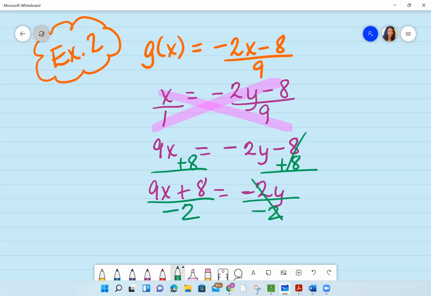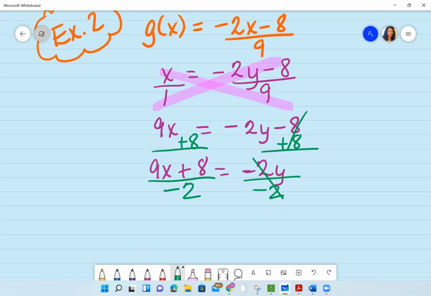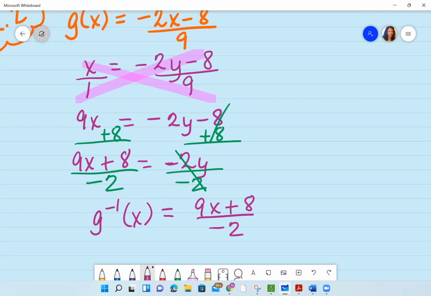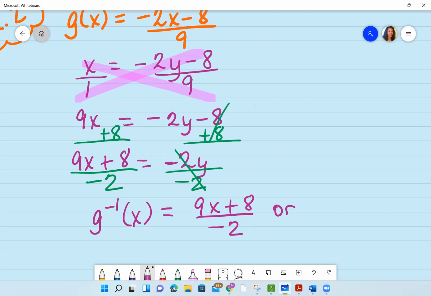And I am going to rewrite this time as g inverse of x, because I started off with g of x, and I set it equal to 9x plus 8 over negative 2. I'm okay with it that way, but I have also seen it separated as two fractions. So negative 9 over 2 x.